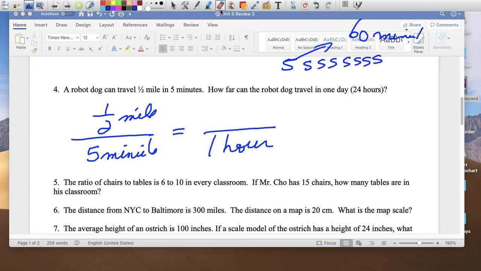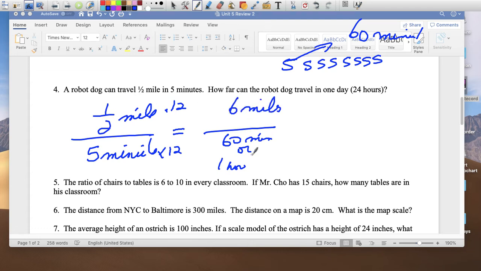So to figure out how much that robot's going to walk in 1 hour, we can multiply this by 12, right? Because there's 12 groups of 5 in 60. So 5 times 12 is 60 minutes, which is the same thing as 1 hour. And the top we multiply by 12. Half mile times 12 is going to be 6 miles.